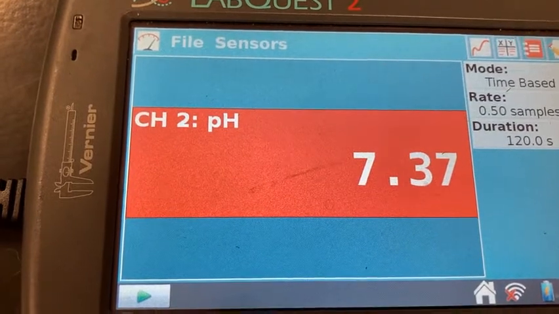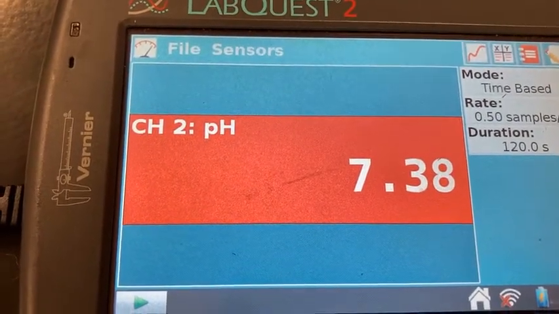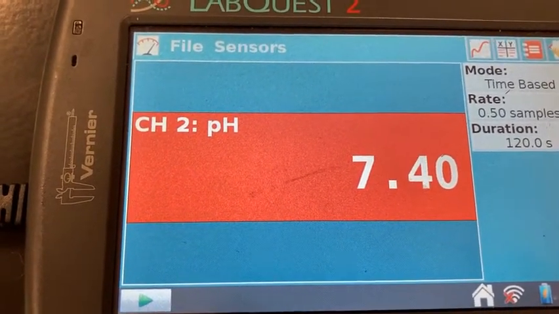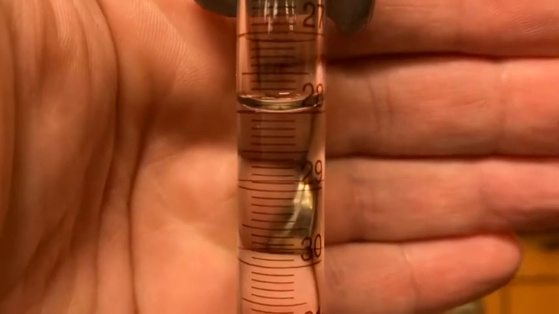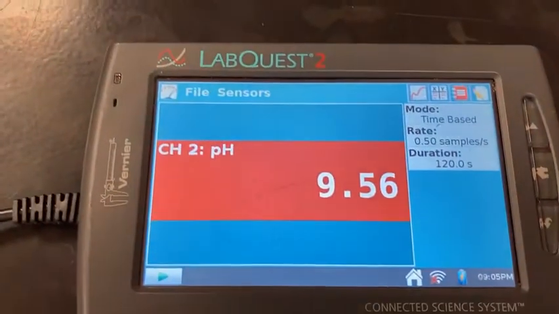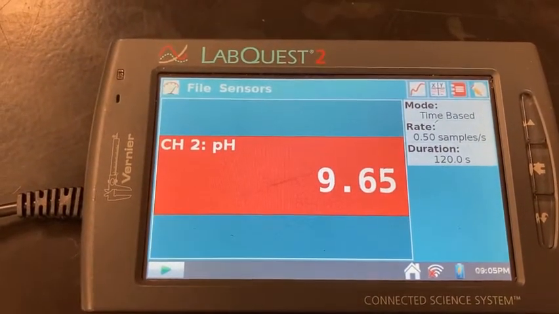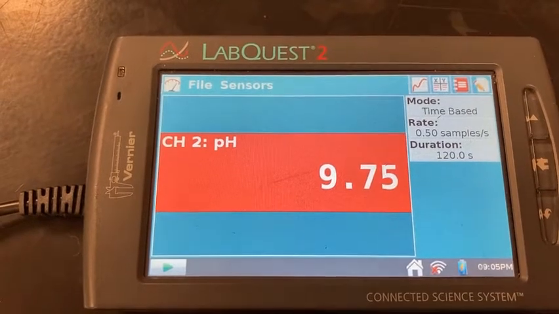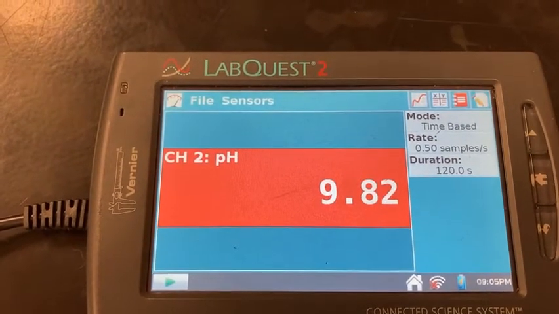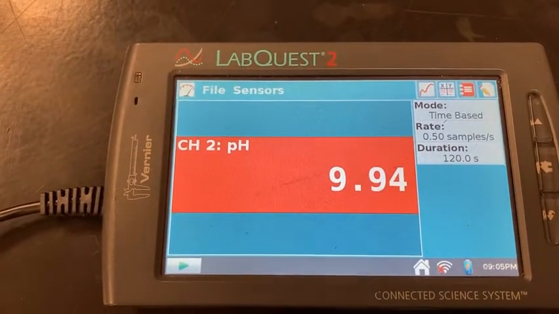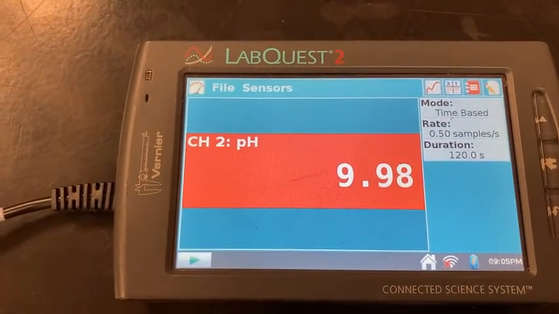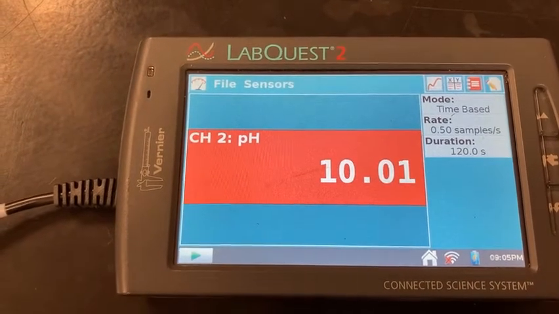Fluctuating a little bit more. We'll call it there. There's the next addition. There's our pH. Starting to jump and waver. It's jumping.